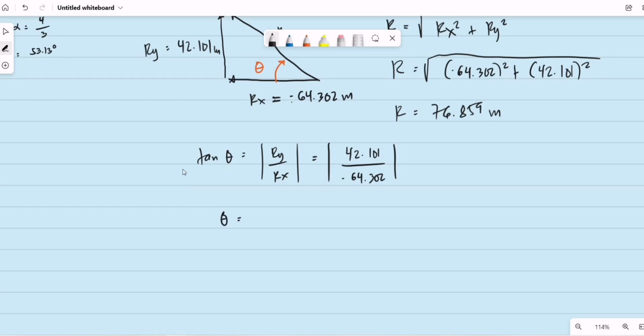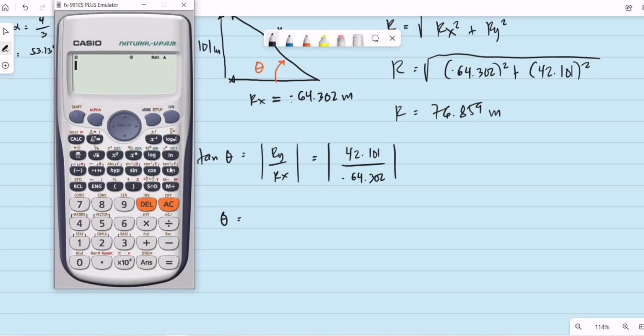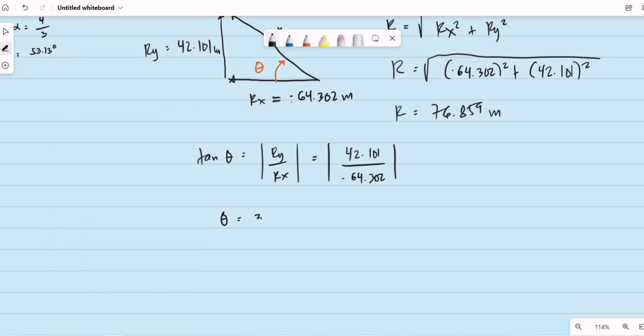So the value of theta is now equal to the shift tangent of 42.101 divided by 64.302. So we can have it as 33.214 degrees.